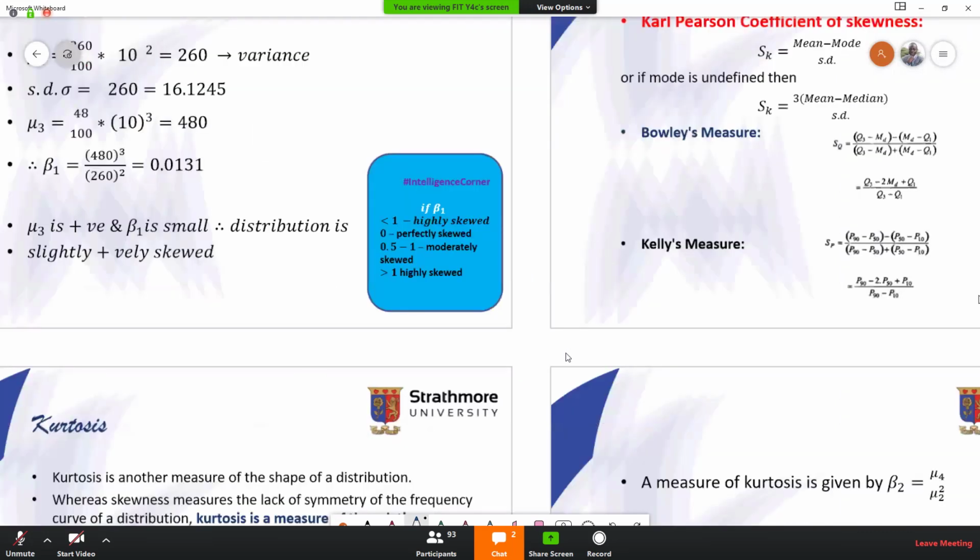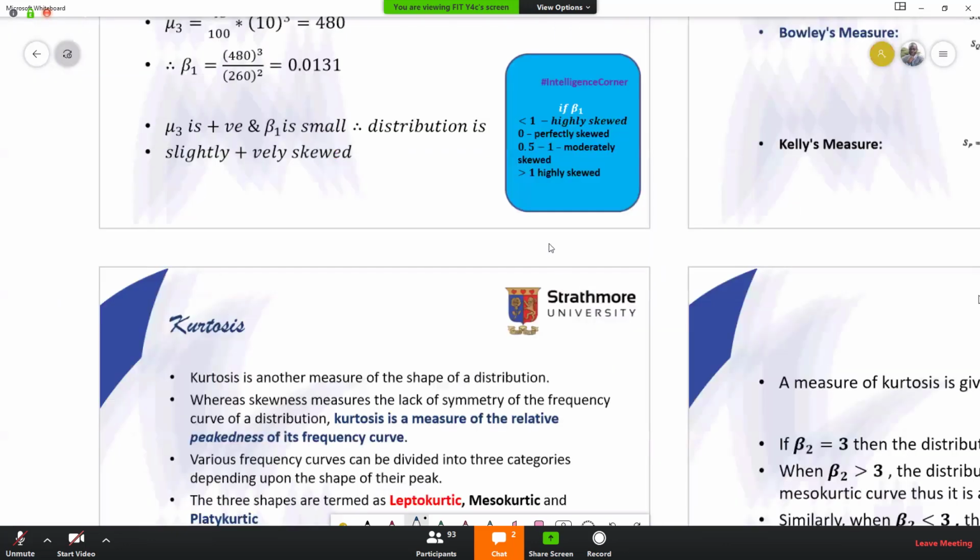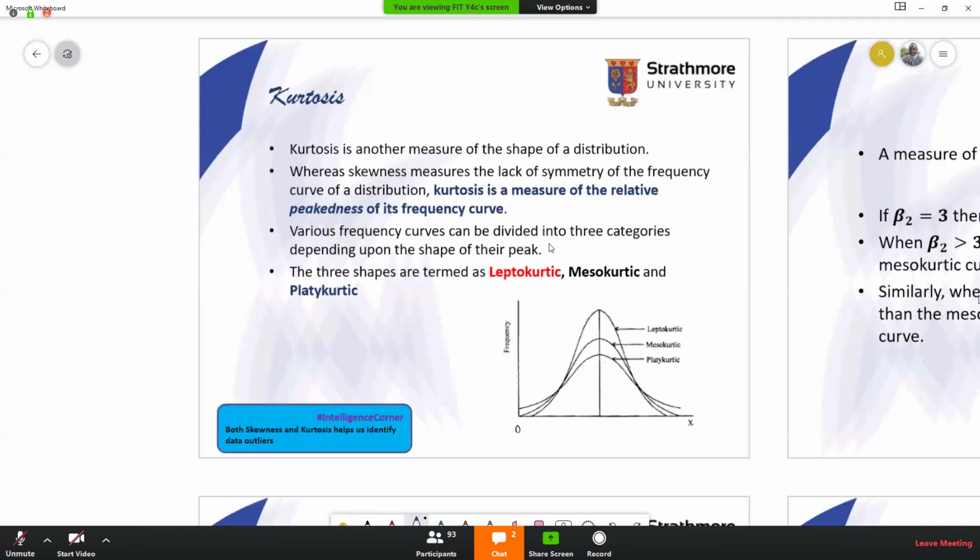There are two ways to measure the shape of a curve. Number one is to measure it using symmetry, the one we have looked at. Number two is to measure it using kurtosis. Kurtosis is the other measure of the shape of a distribution. So these are just two slides. Skewness measures the lack of symmetry, whether it's skewing to the left or to the right.